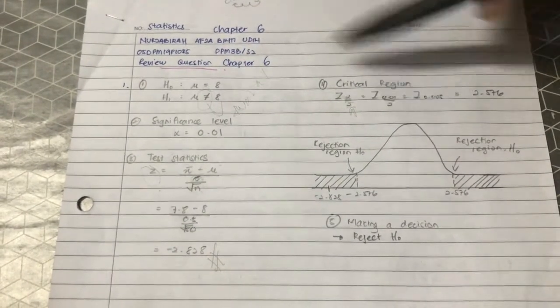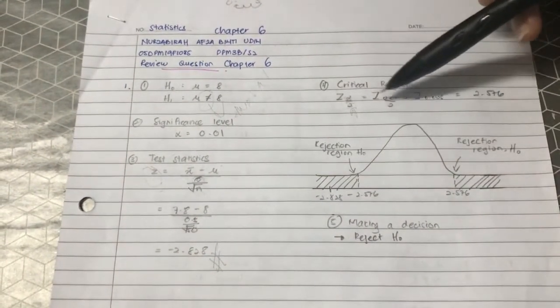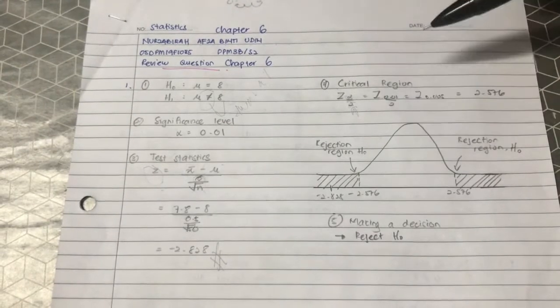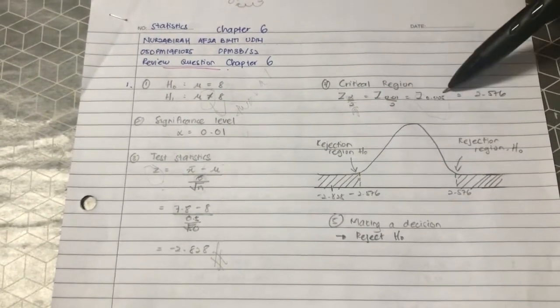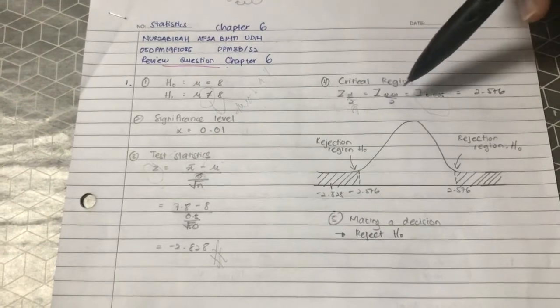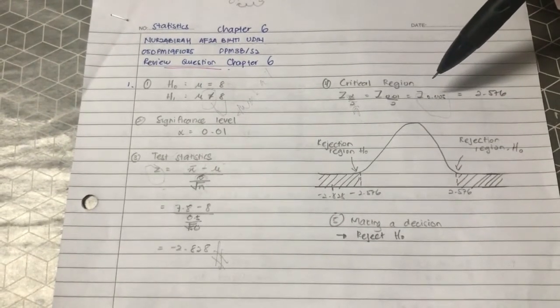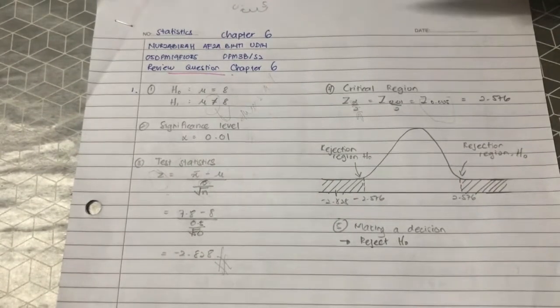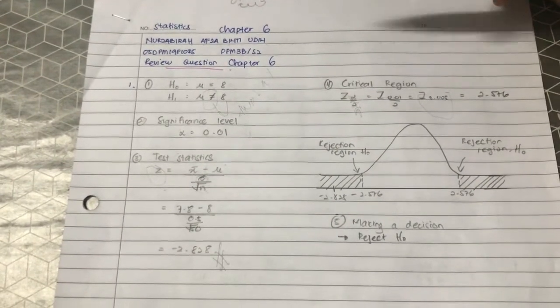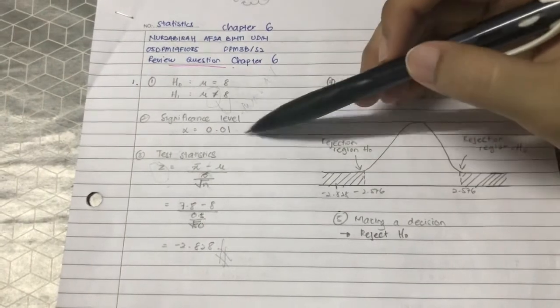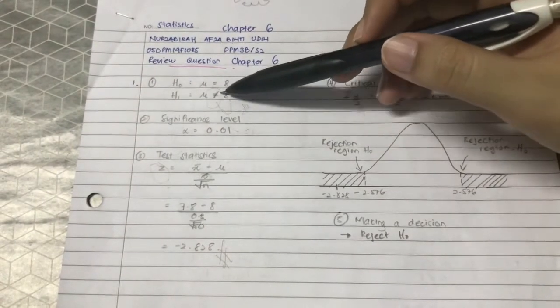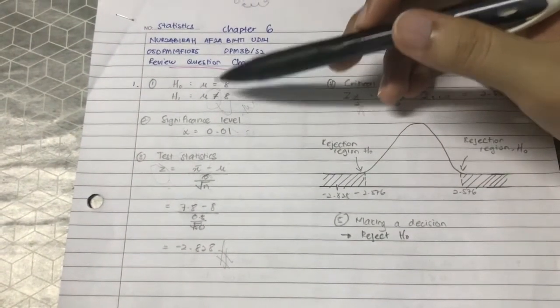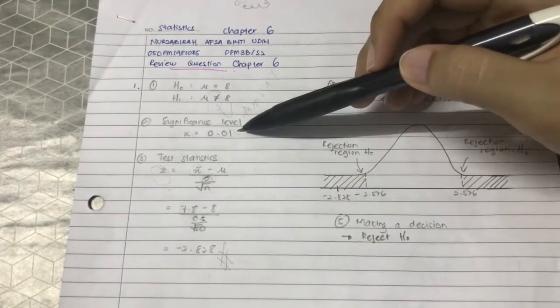Alpha is 0.01, so write 0.01 divided by 2 and you get this. Actually this is not that important, you just remember how to write it. The important part is you need to know the significance level, and whether it is two-tail or one-tail. So this one is two-tail and the level is 0.01.